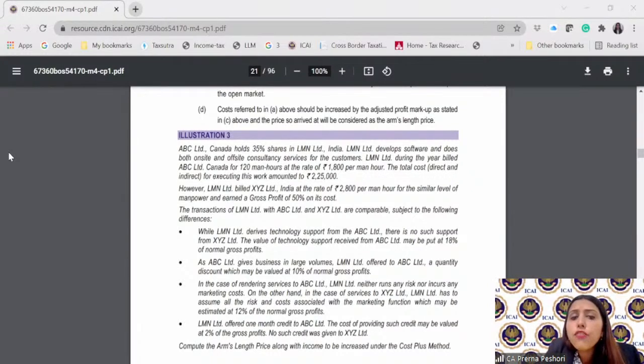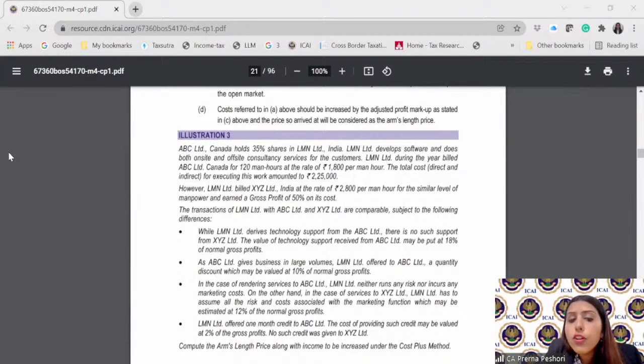In the case of rendering services to ABC Limited, LMN Limited neither runs any risk nor incurs any marketing cost. On the other hand, in the case of services to XYZ Limited, LMN Limited has to assume all the risk and cost associated with the marketing function, which may be estimated at 12% of the normal gross profits.